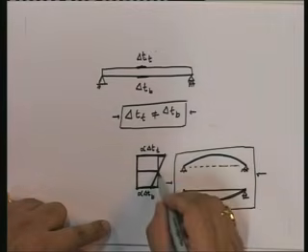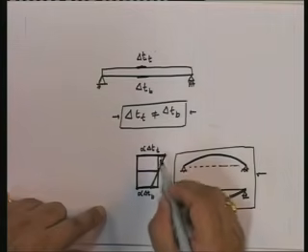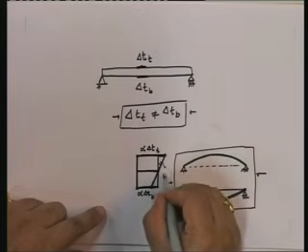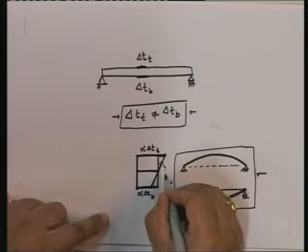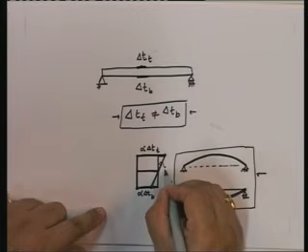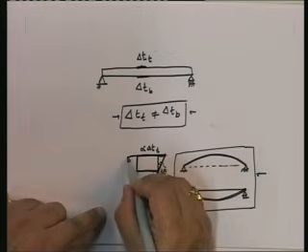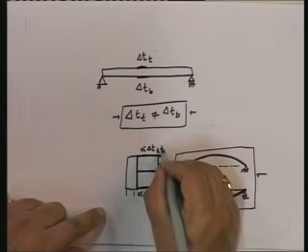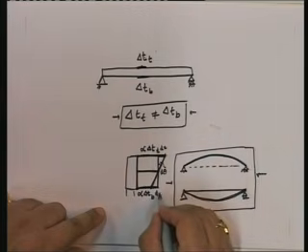And how much is that flexure? Let's look at that. Remember that this is equal to d theta. And if you look at this, if this is delta x, then this goes dx, dx.